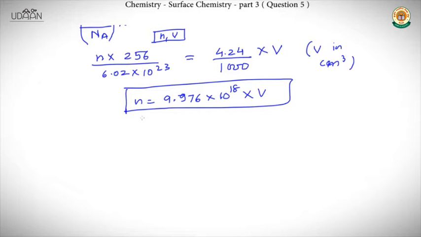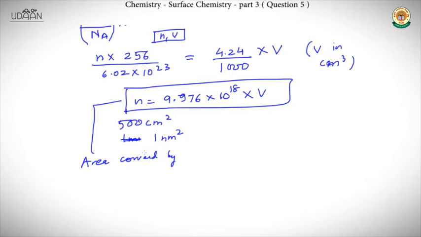Now we have the total area to be covered, which is 500 centimeters square, and we have the area which is covered by one molecule, which is 1 nanometer square. Nanometer is 10 raised to the power minus 9. Now, if the number of molecules are these many, then the area covered by these molecules will be N into 1 nanometer square, because 1 nanometer square is the area covered by one molecule.